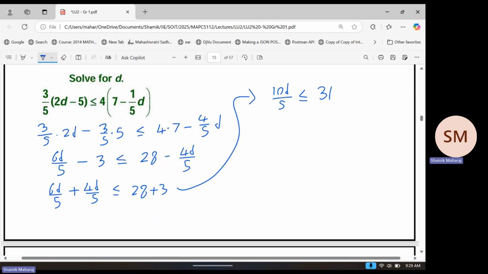Okay, 10/5 is just going to be 2. So this is 2d less than or equal to 31, sorry. Or divide by 2 on both sides and we get d less than or equal to 31/2. Okay, you guys in agreement with that?